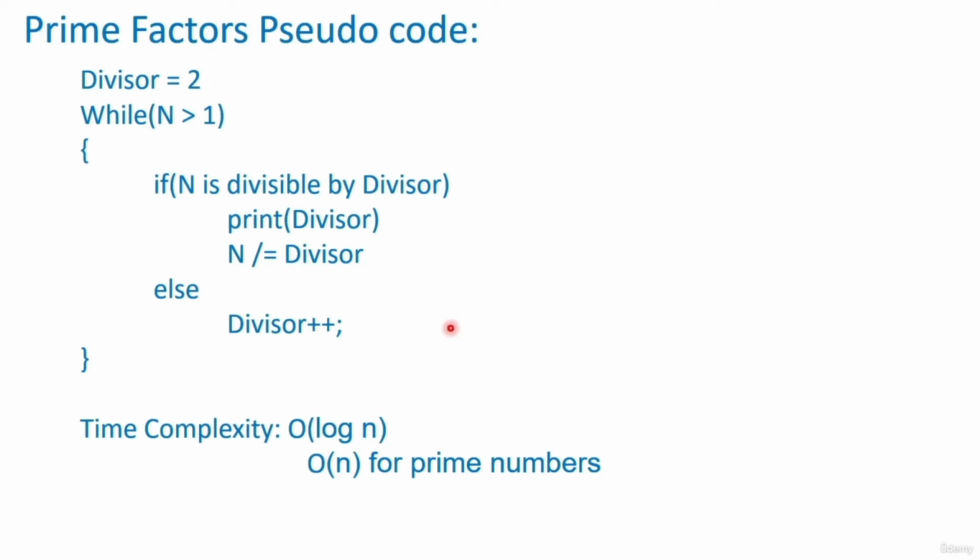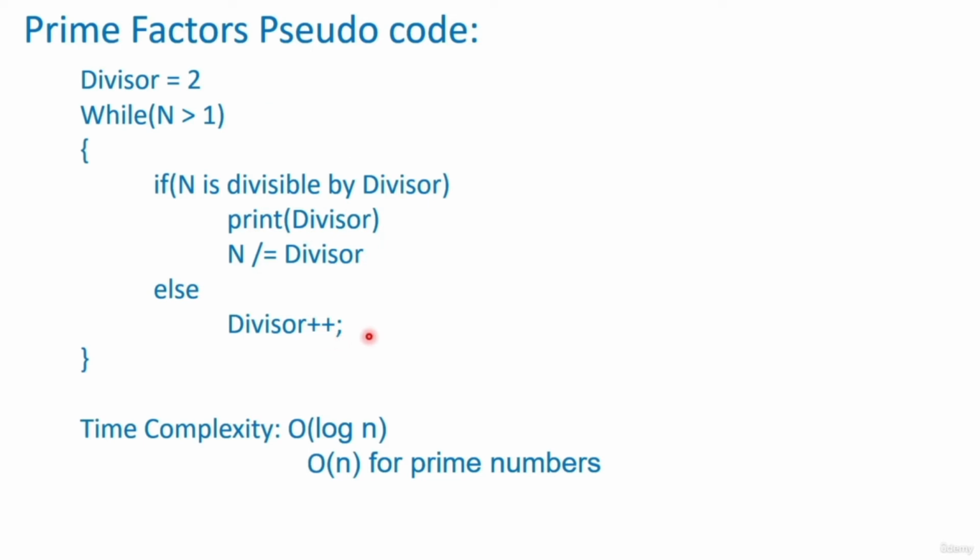Else we are going to post increment the divisor. So here what we are actually doing is initializing the divisor value with the smallest prime number, which is 2. And if our n is not divisible by 2, then we are incrementing the divisor.